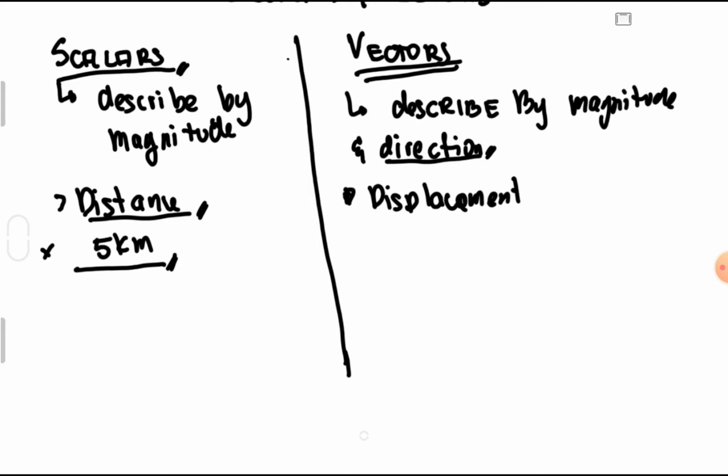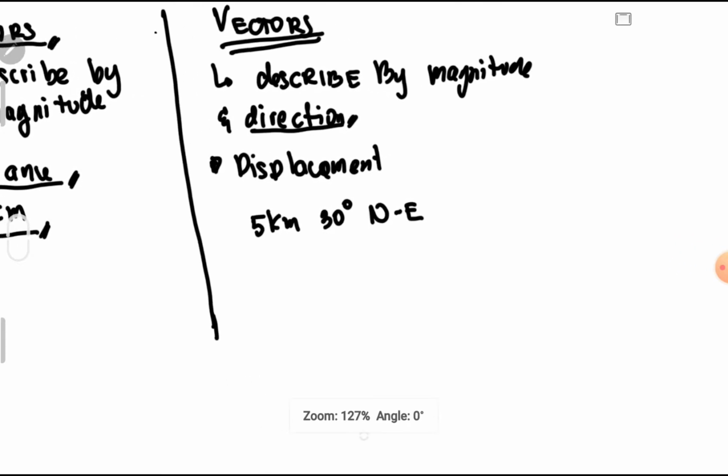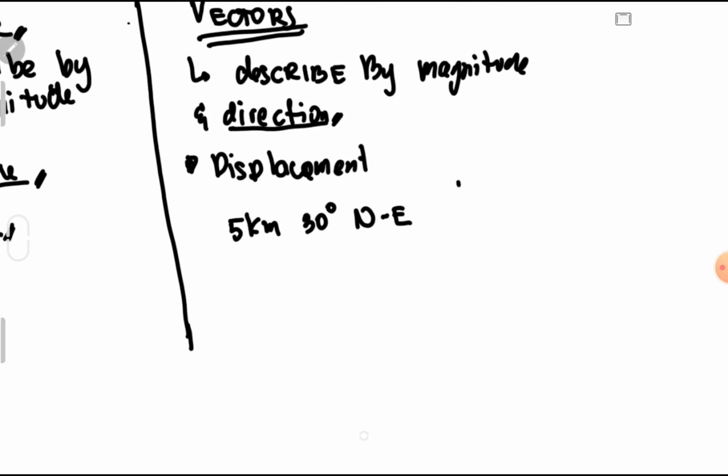So let's say my 5 kilometers is indicated as 5 kilometers, 30 degrees northeast. Okay? Therefore, this 5 kilometers can be drawn on a graph. This 5 kilometers is here, right?